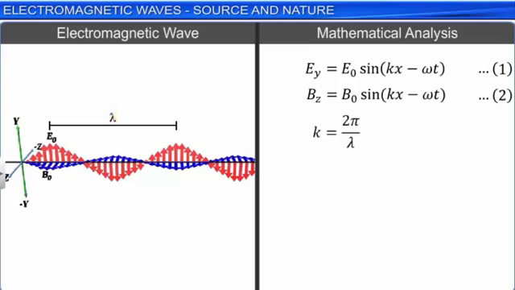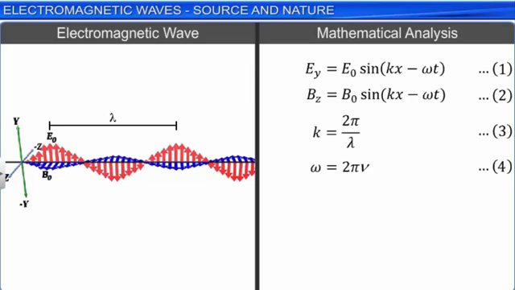Omega is the angular frequency. It is related to the frequency of the wave by the equation omega is equal to 2 pi nu. Let this be equation 4. On substituting equations 1 and 2 in Maxwell's equations for electric field and magnetic field, we get a relation between omega and k as omega is equal to kc.